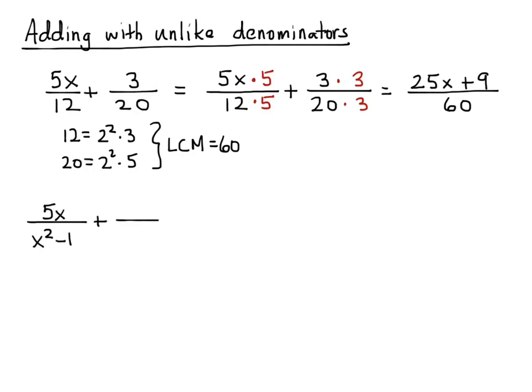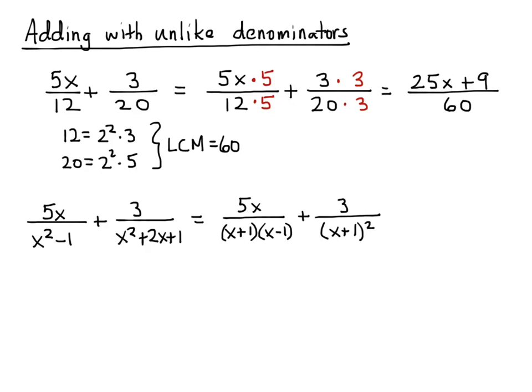Okay, so let's do it with a polynomial now. 5x over x squared minus 1 plus 3 over x squared plus 2x plus 1. If we factor it first, we can see what's going on. Here we have an x plus 1 in common, and then we have another x plus 1 that's unique here, and an x minus 1 that's unique.